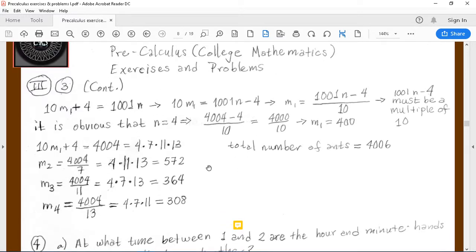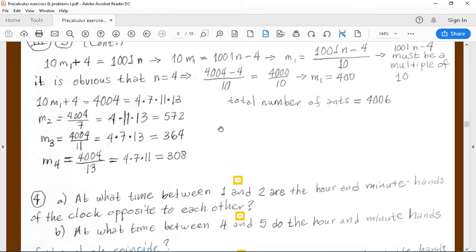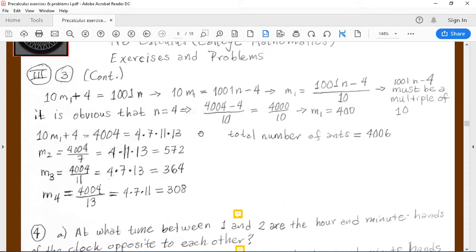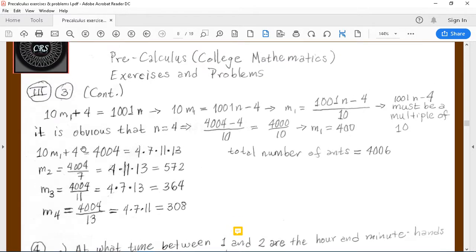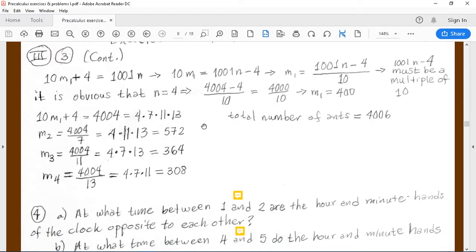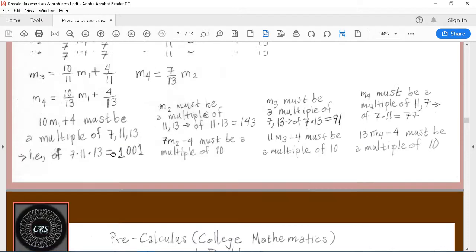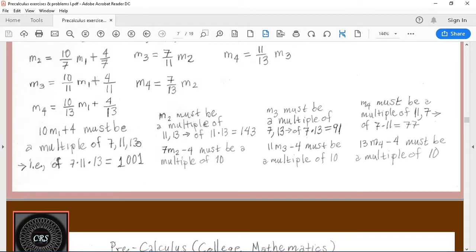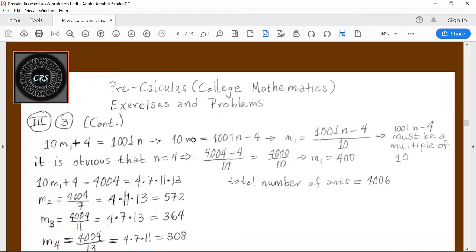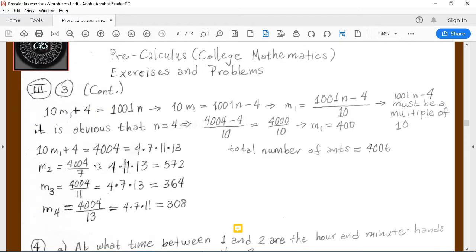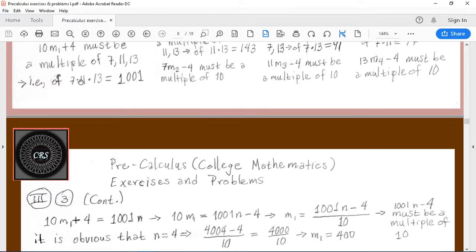Okay, so we can also try to find M2, M3, and M4 now that we have M1, so that M2 is simply given by 10M1 plus 4 divided by 7, which is equal to 4004 divided by 7, which is equal to 4 times, remember that 4004 is 4 times 7 times 11 times 13, because 1001 is 7 times 11 times 13.